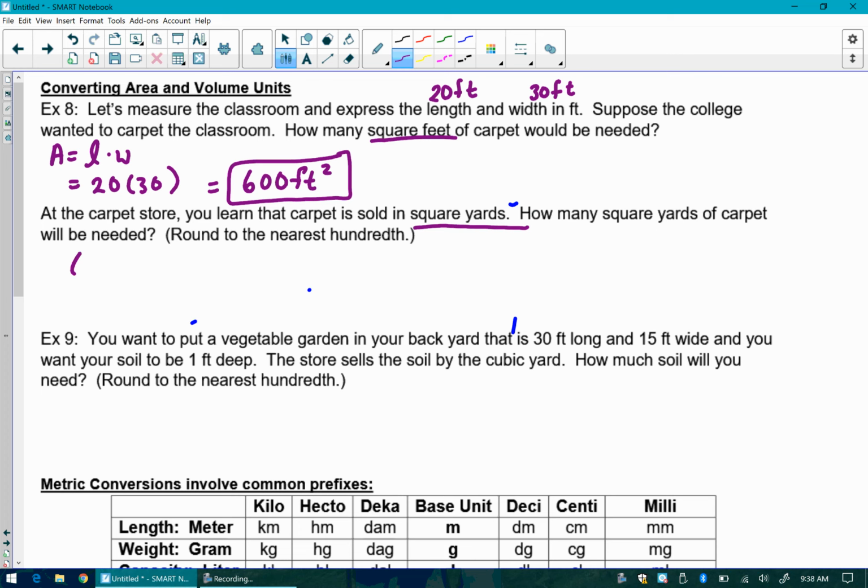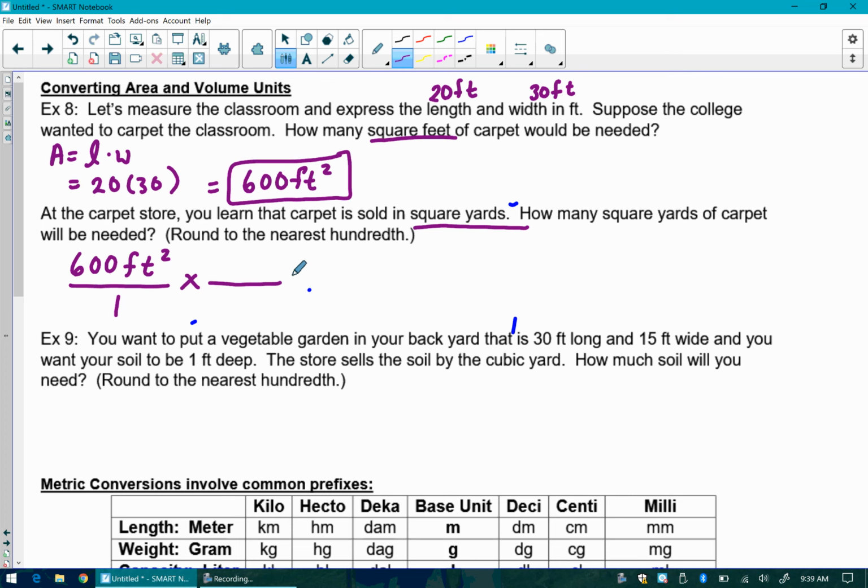Start with what you have. You've got 600 square feet. It's not a fraction, so I'm going to make it a fraction by putting it over 1. Now, looking on your conversion sheet, you might notice that you don't have any units that are square. So ignore that for the moment. You ask yourself now, though, can you go just from a regular foot to a yard?